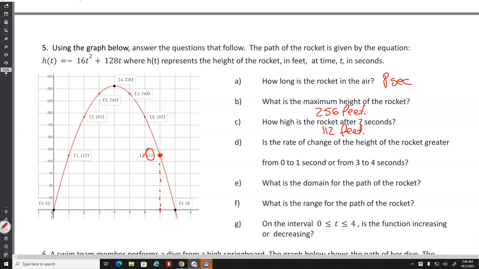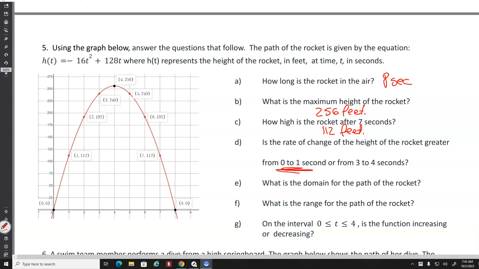Is the rate of change of the height of the rocket greater from 0 to 1 or from 3 to 4? Well, we have to see. The rate of change will be our slope. So again, let's look at the points for 0 to 1.